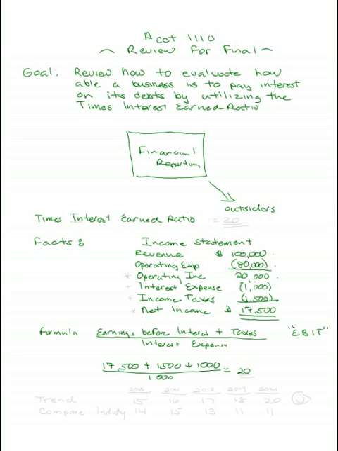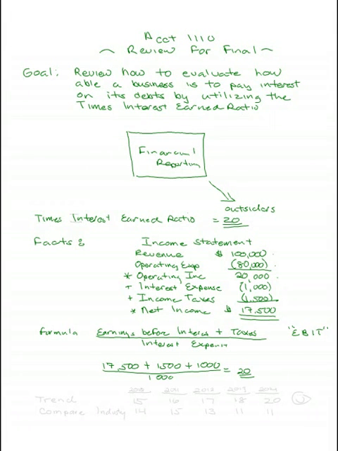If you're given an income statement, you can grab this number. If you're only given net income, remember you've got to add these two back on to get to it. Just remember that. So, 20,000 divided by 1,000 is 20. Our times interest earned ratio in our example, therefore, for this period, is 20.